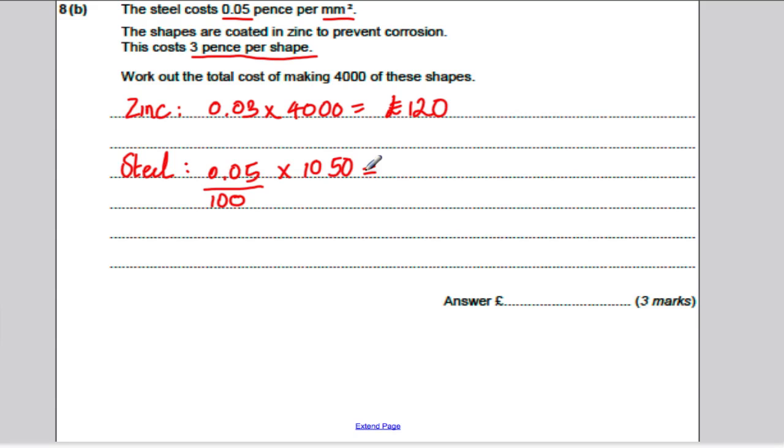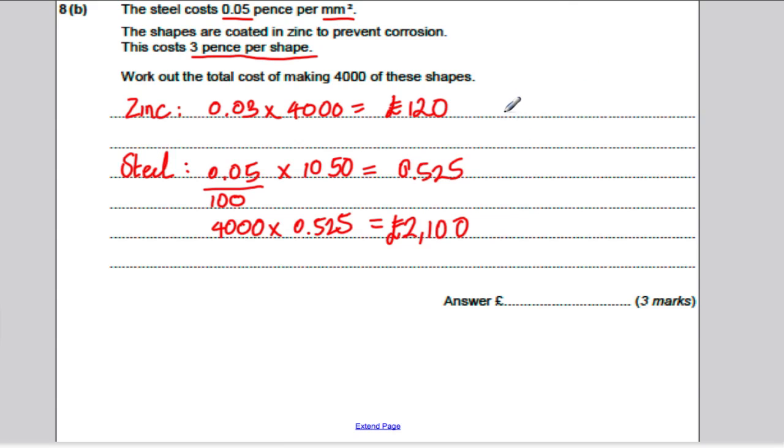And that will cost me 0.525 for each shape. And so for the 4,000 shapes, it's going to be 4,000 times 0.525, and it's 2,100.